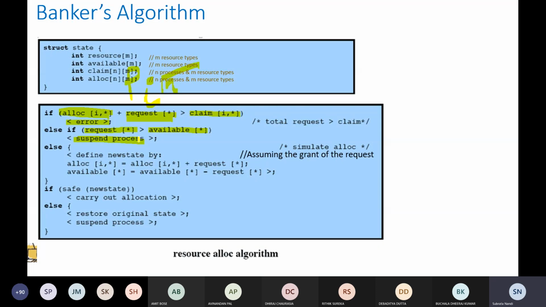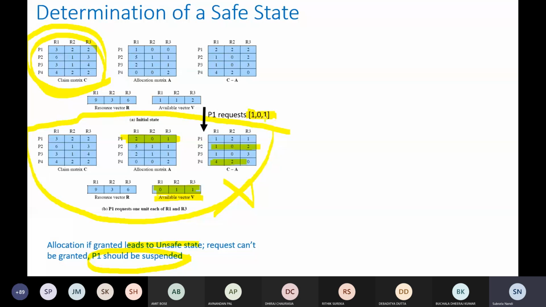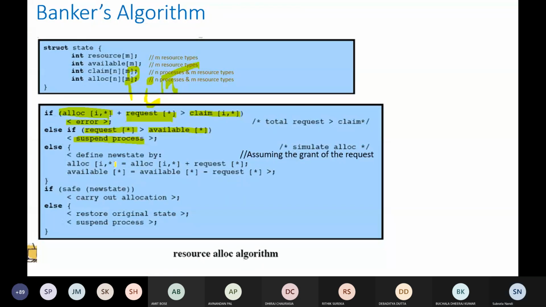You have to just wait. But if it is not the case, and in our case it was not, it was 101 and it was 112, you see. So this is less than this. So in that example, we actually got into this else case.